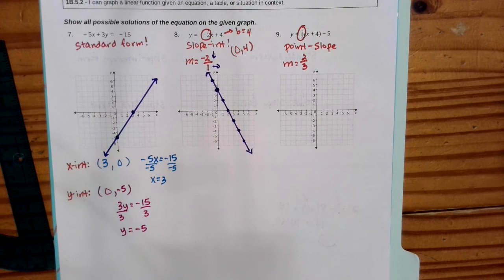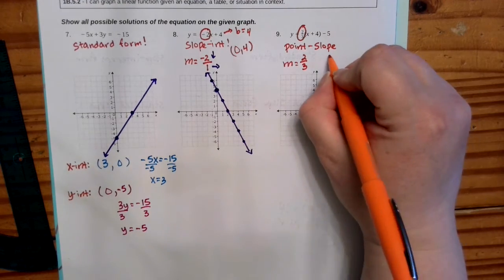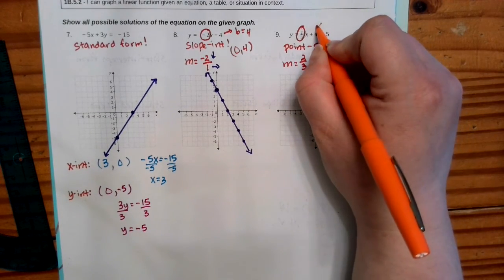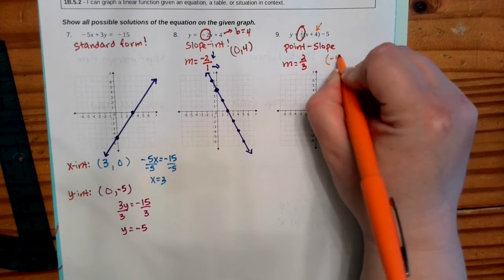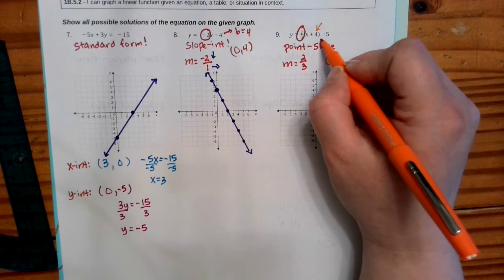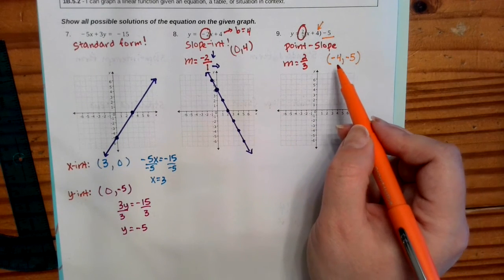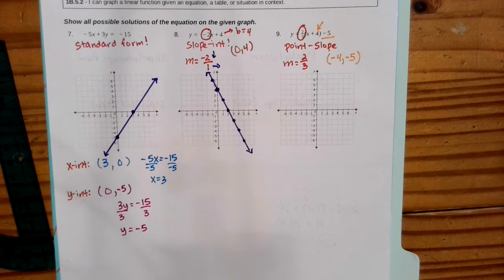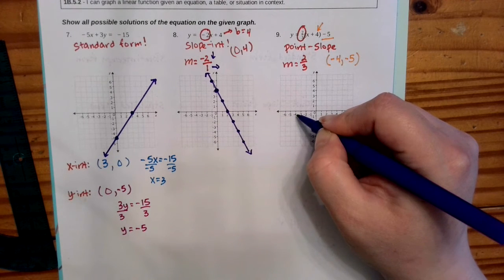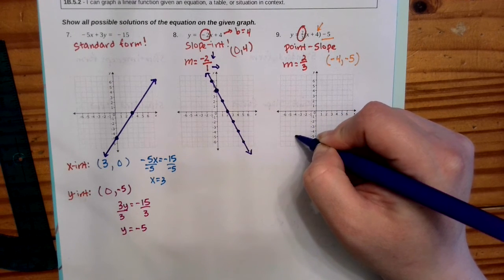And our starting point, this is what people forget sometimes, is the opposite of what's in here, so it's going to be negative 4. And then it's going to be what's outside, which is negative 5. So our starting point here is negative 4, negative 5. We're going to start at that point. Negative 4, negative 5 is right here.